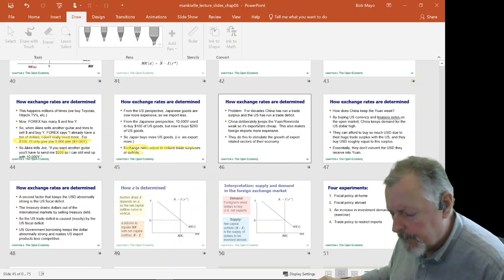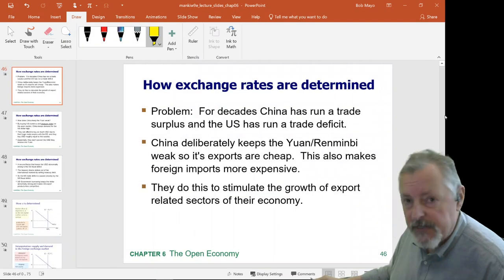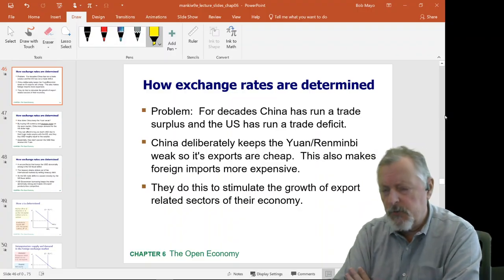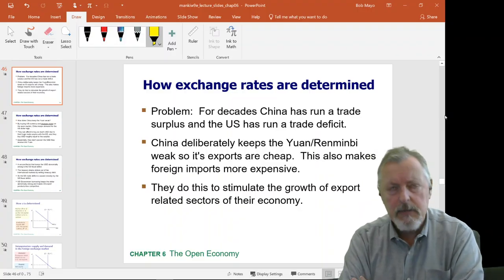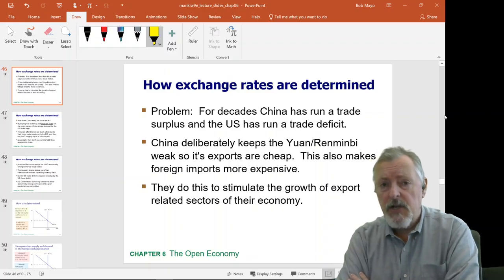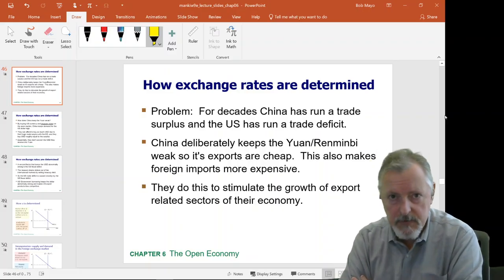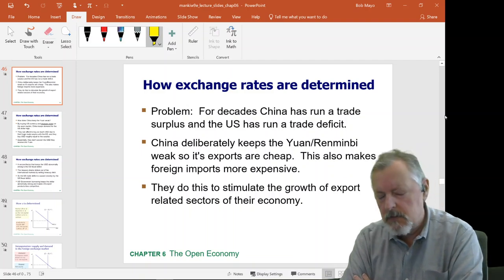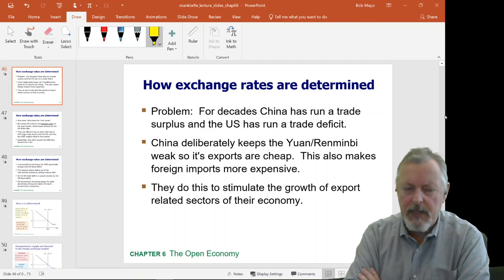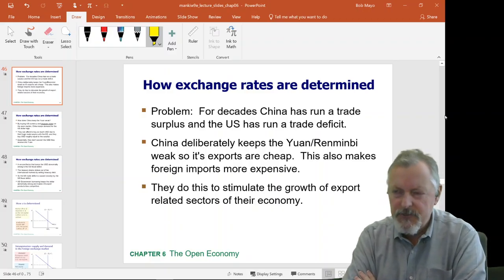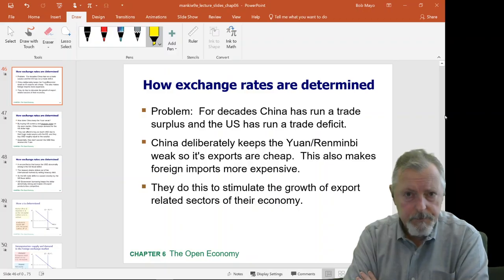You may have heard in the last presidential election, 2016, Donald Trump was going around saying that China is a currency manipulator, that they're engaging in unfair trade practices. One of the things that he was accusing them of is that they were manipulating the value of their currency. It's generally accepted by economists that they do.